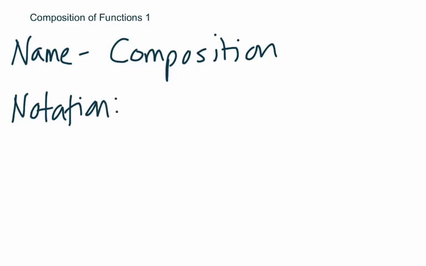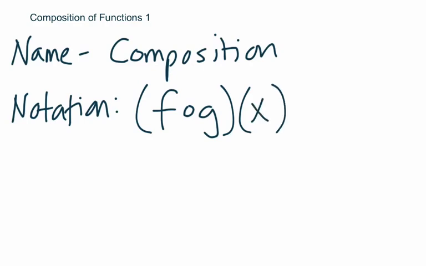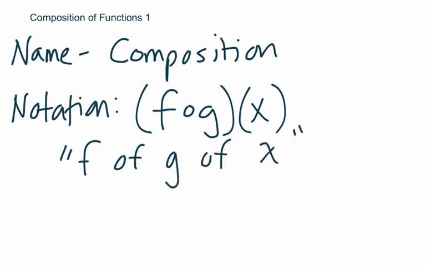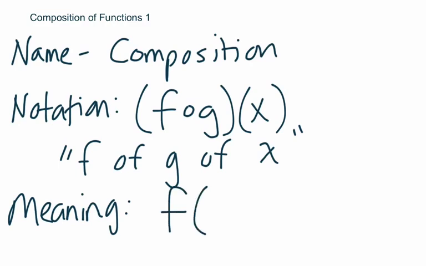The notation for composition is this, and it's like your f of g of x. How you read that out loud is f of g of x. And what it means is this: you would take f and then you would plug g into f.